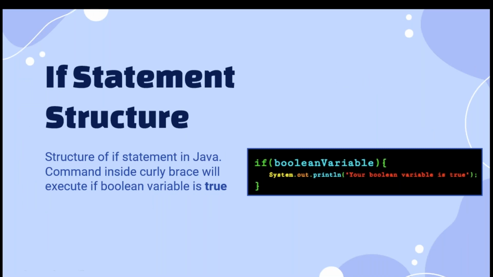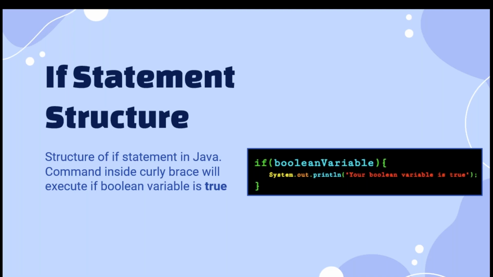It says if, Boolean variable, and then inside the curly brackets, it executes something. This is the structure of an if statement in Java, and the command inside the curly brace will only execute if the Boolean value is true. What we put inside our brackets depends on what we decide to put there.